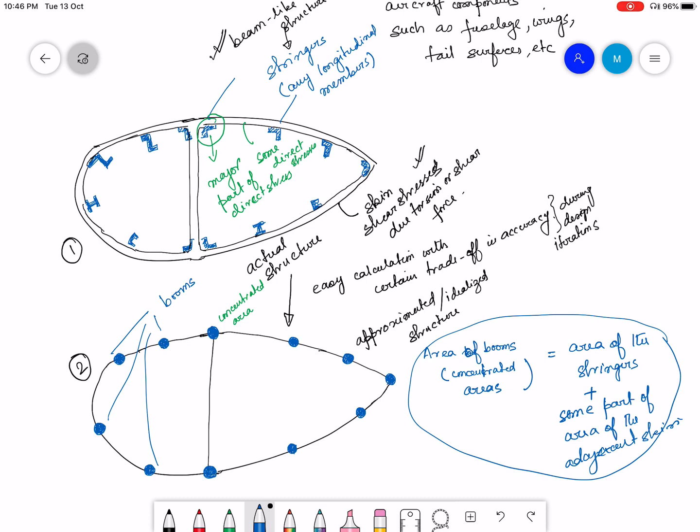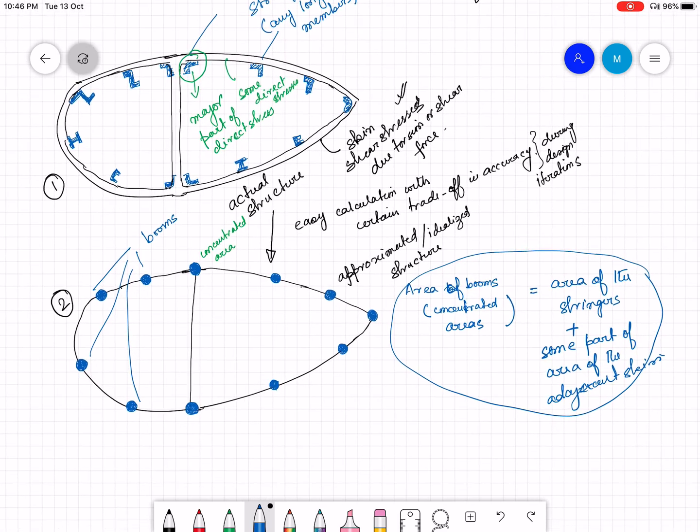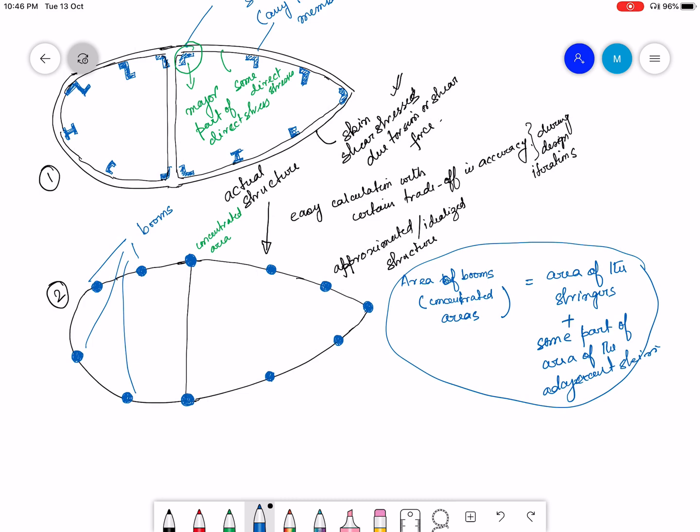Now that is one point, and the second point is that as soon as we approximate the stringers with this boom, we consider that the direct stress in the boom is constant because it's a concentrated area. In this stringer, the direct stresses vary at different points. Let me enlarge and show it. So this stringer is something like this.